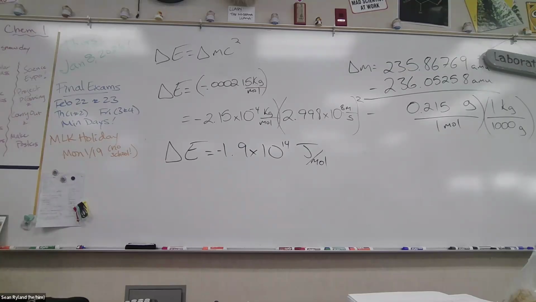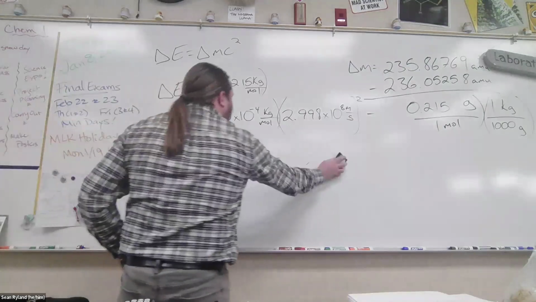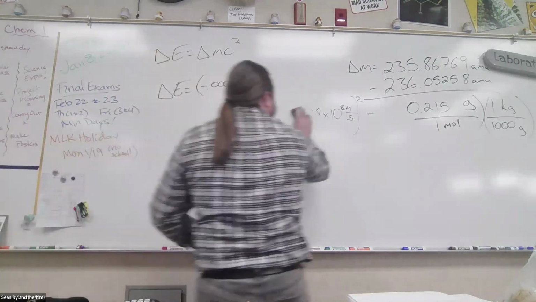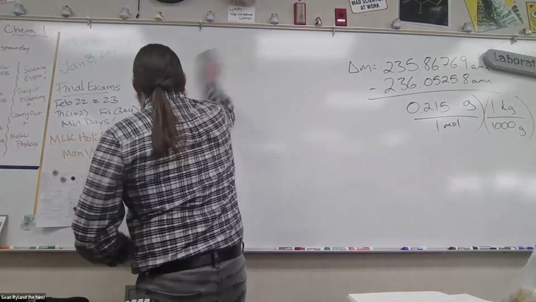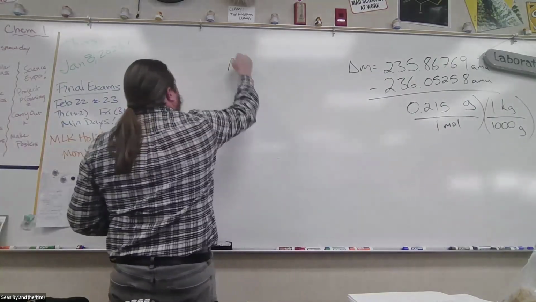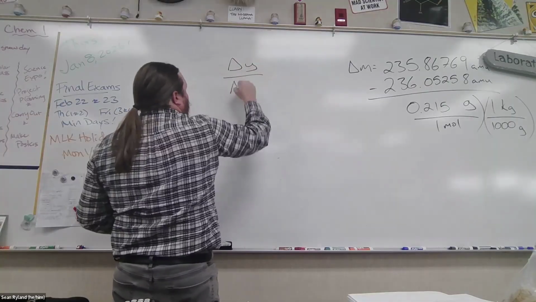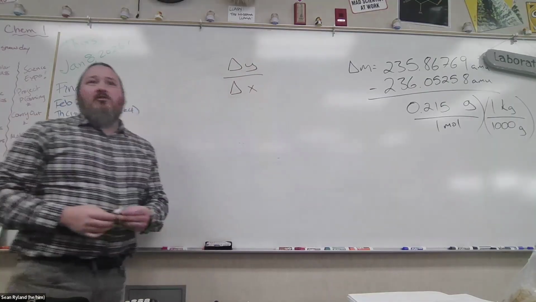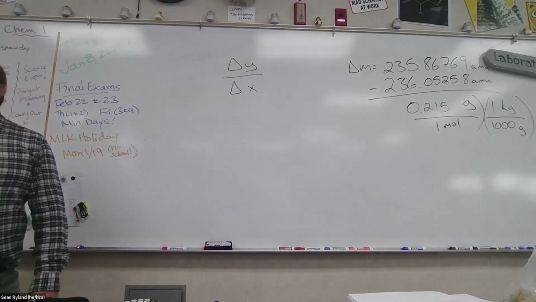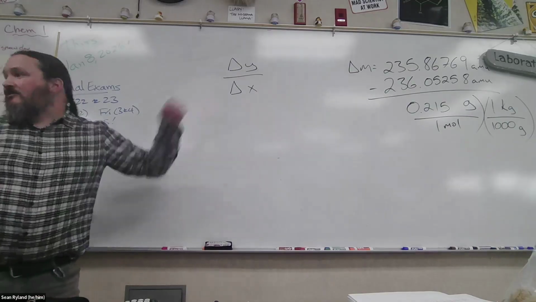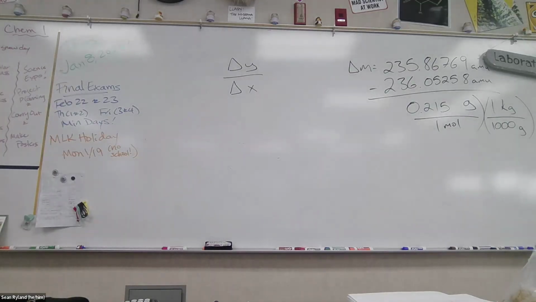If I switched the top variable for a y and the bottom variable for an x, what does that look like? Yeah, it's a slope. All the rate of a reaction is the slope of the line if you plot concentration versus time.